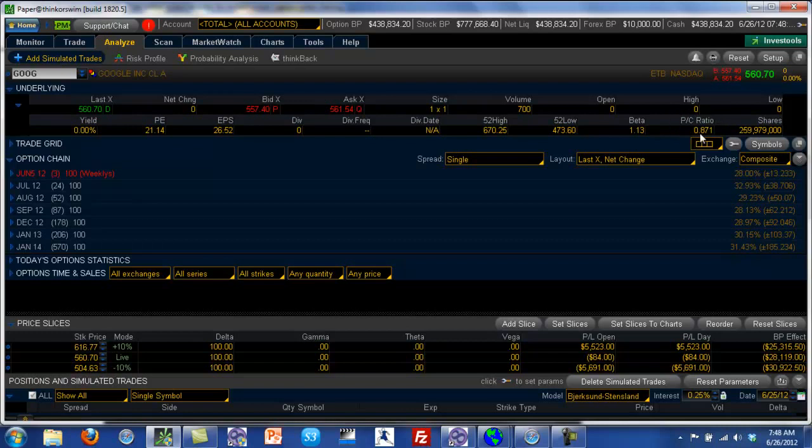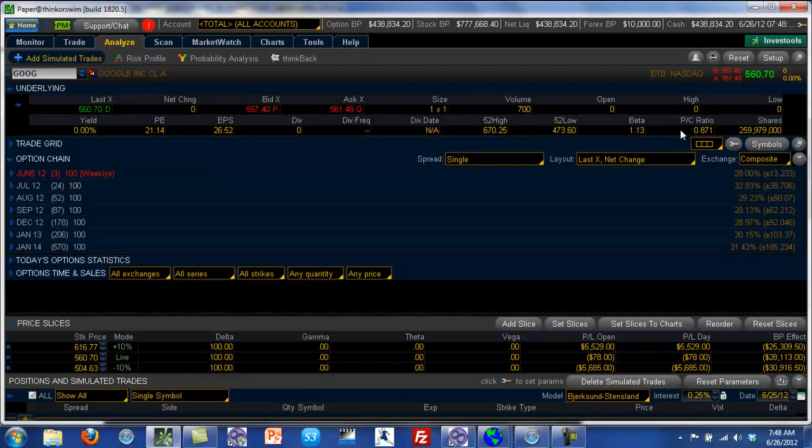And what you see here is the put call ratio, the PC ratio. In general, it looks at the options on Google and tells you how many puts there are in relation to the number of calls.